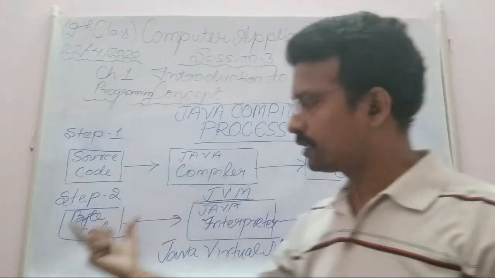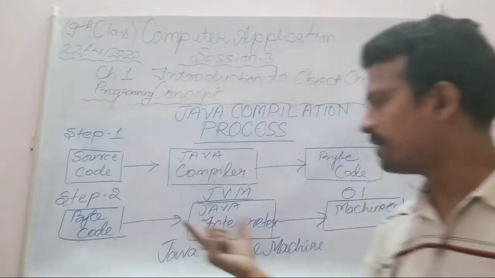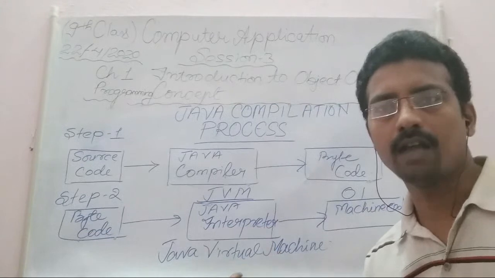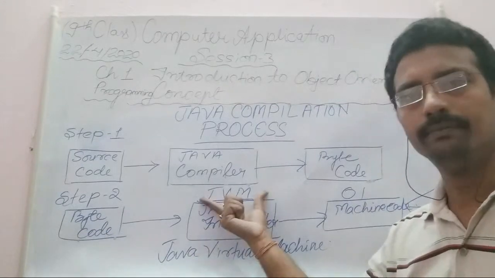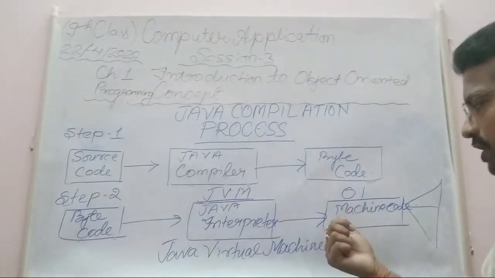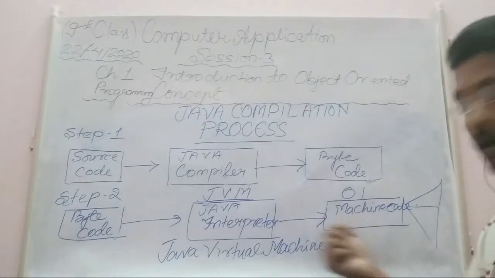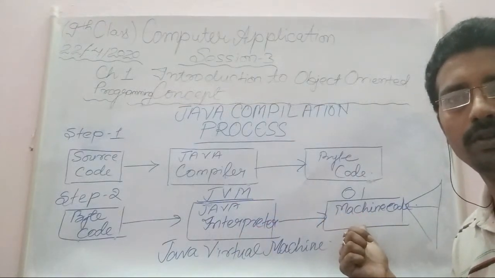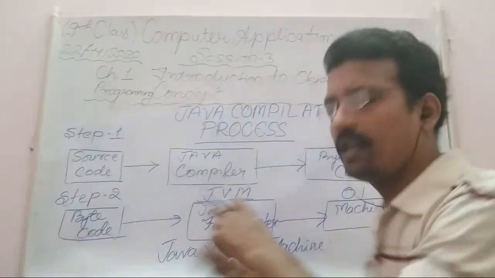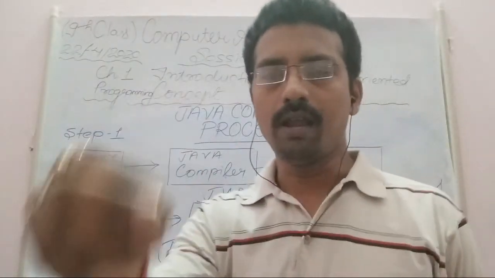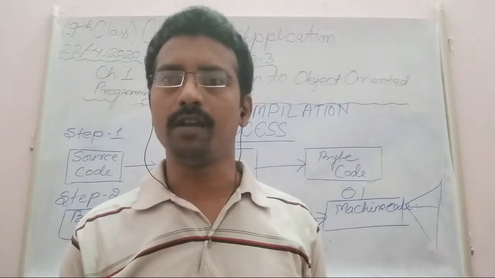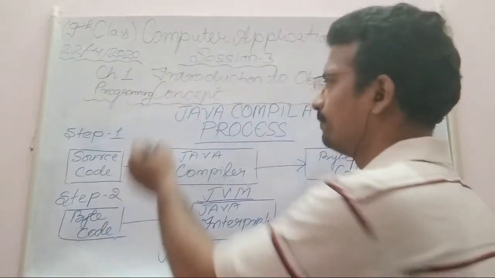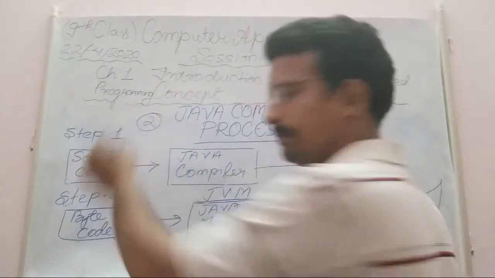This bytecode, in step number 2, is given to the Java interpreter, the Java Virtual Machine or JVM, and this JVM takes the bytecode and converts it into machine code. So if you are able to write all this explanation in the examination, you can easily get 2 marks.